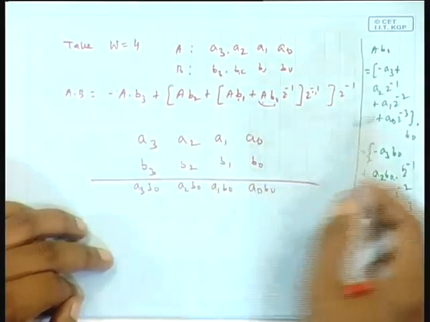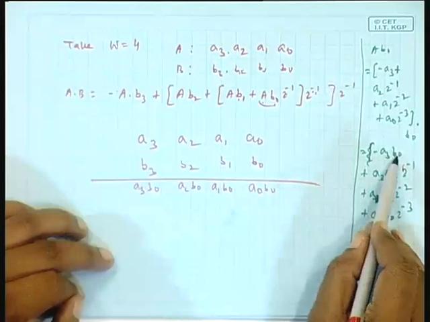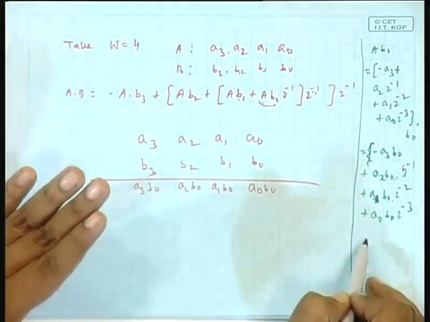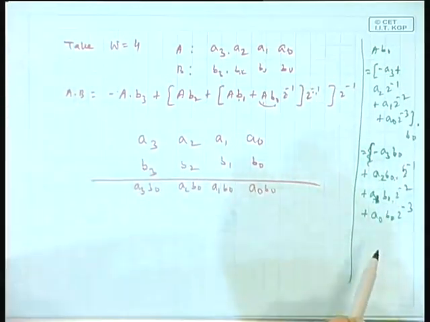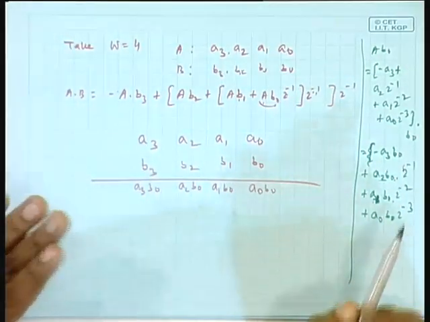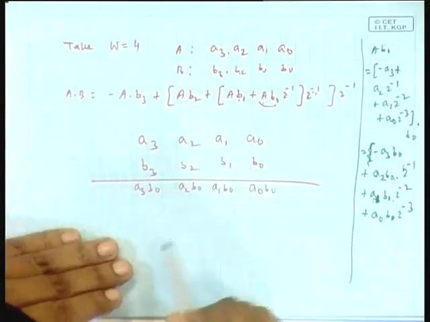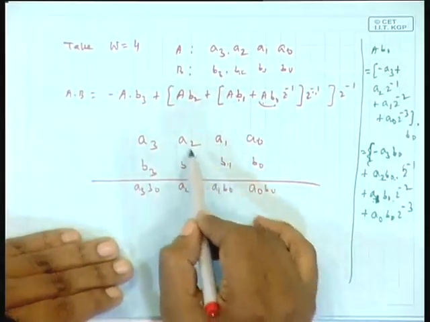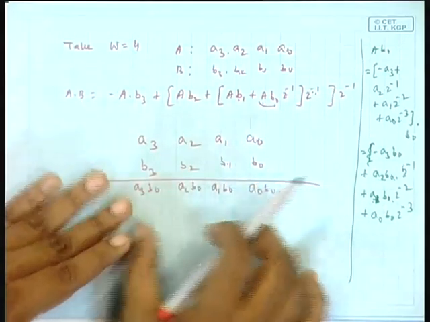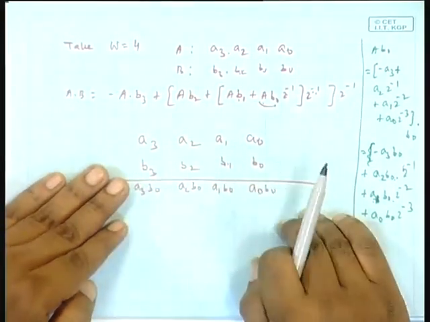AB1 also will be by the same token minus A3B1, isn't it? Same token, A2B1, A1B1, A0B1 with the respective weights. But before I add that AB1 thing, that is A0B1, A1B1, A2B1, A3B1, that thing, with this to be shifted to the right by 1.